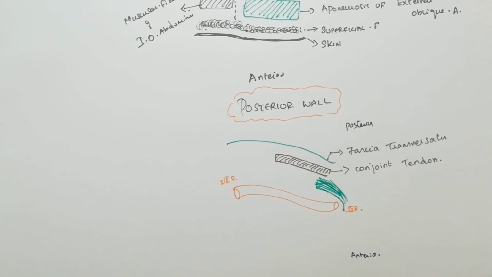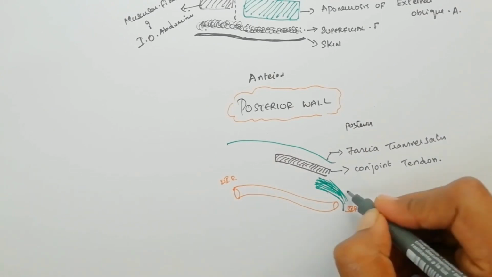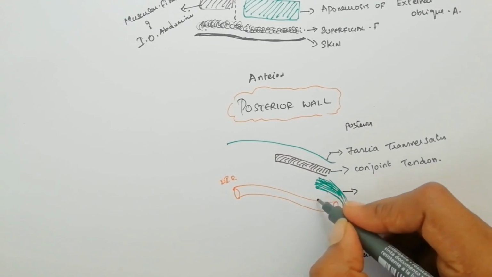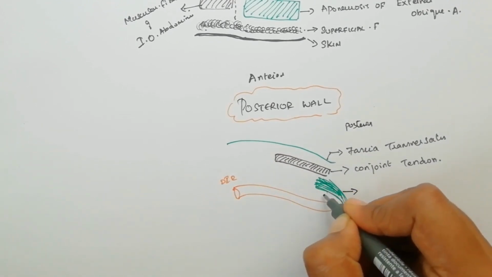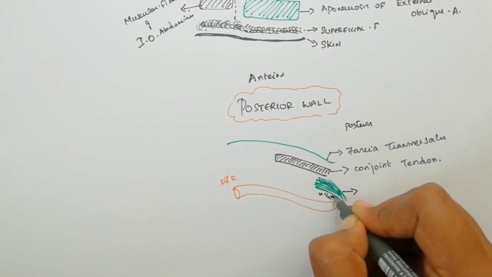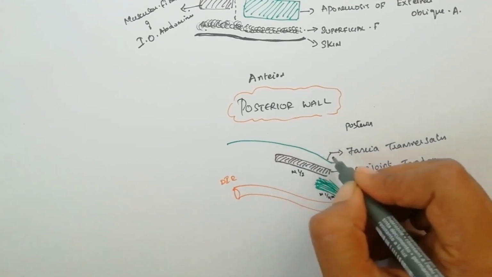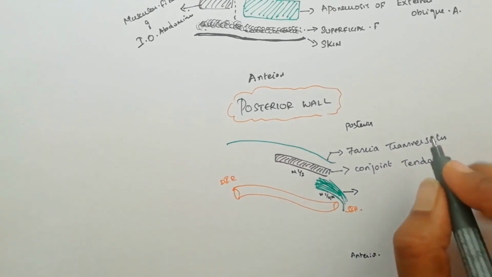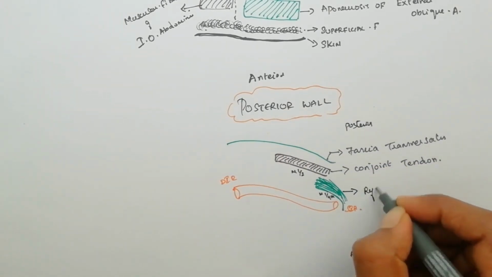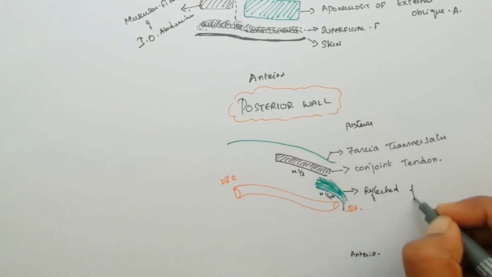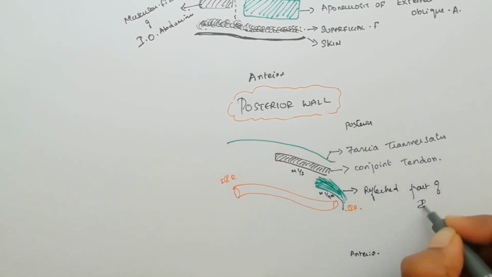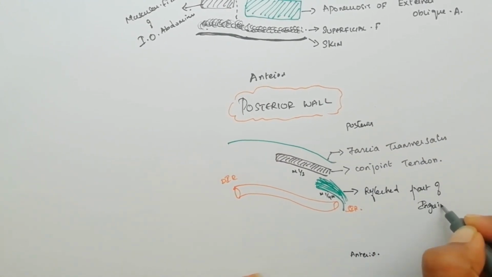So this is the medial one-fourth, this is the medial half, and the whole is related to fascia transversalis. This is the reflected part of the inguinal ligament.